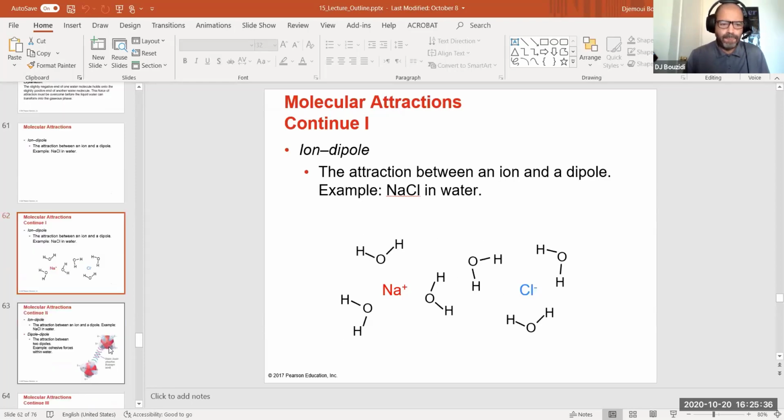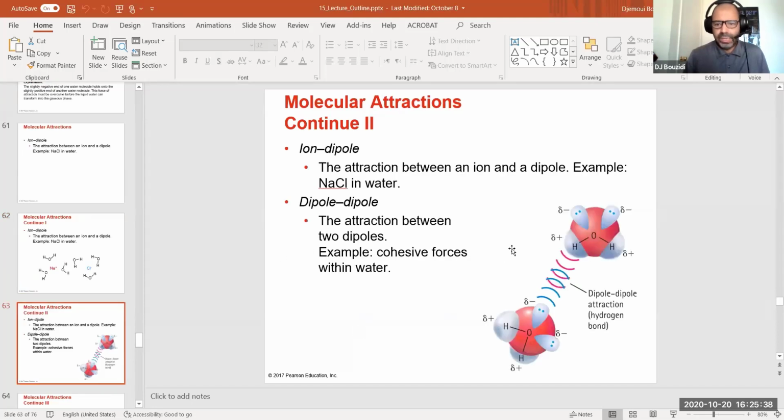Whereas dipole-to-dipole interaction is what we just described: I have a dipole with a positively charged hydrogen side and a negatively charged oxygen side, and the oxygen and the hydrogen can form a bond due to this polarity.